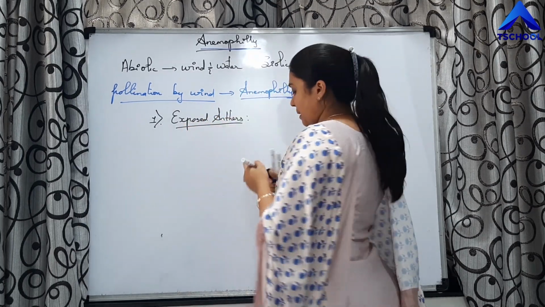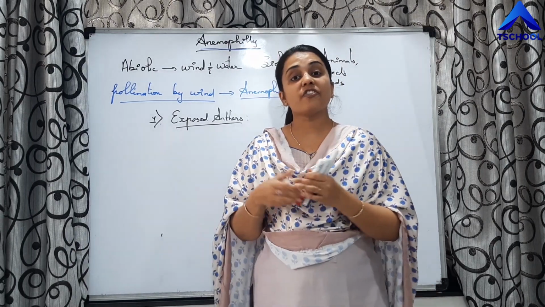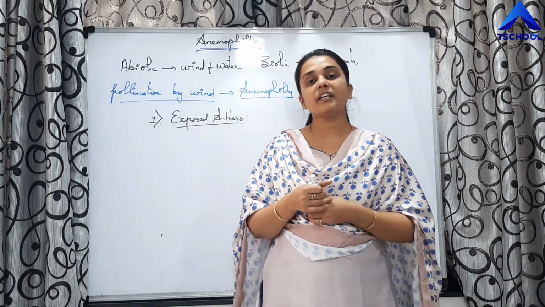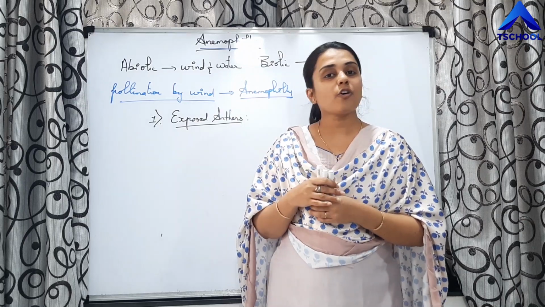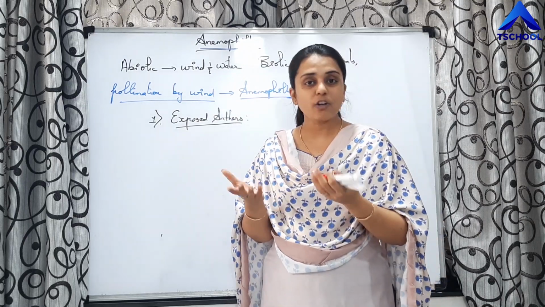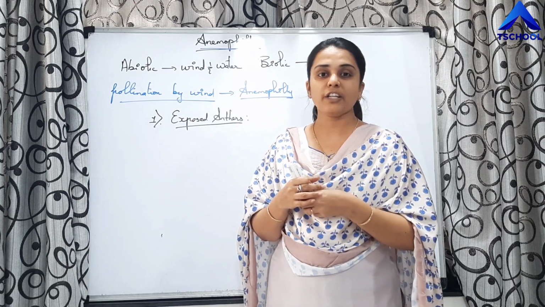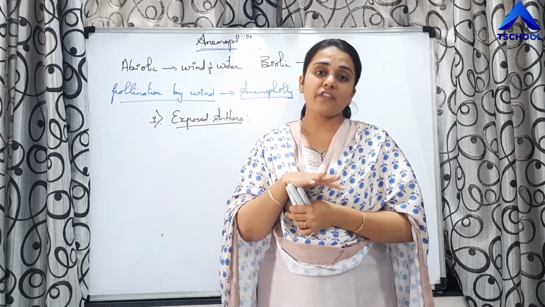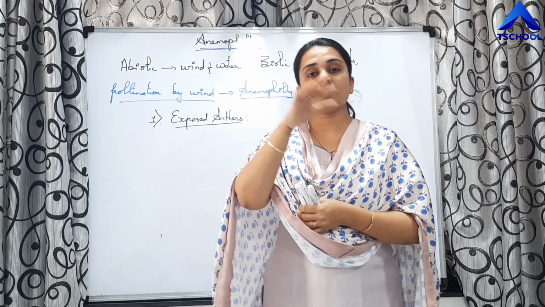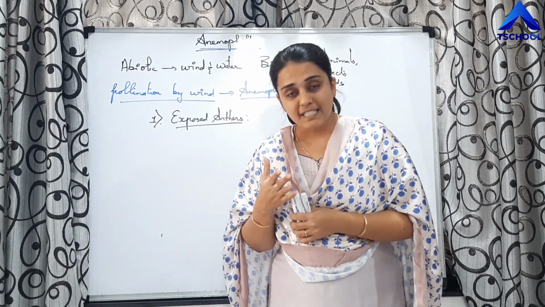See students, remember one thing, that because wind currents are involved in pollination, we cannot predict the direction of the wind. So it depends upon the chance factor that the pollen grains will come and rest on the stigma, right?